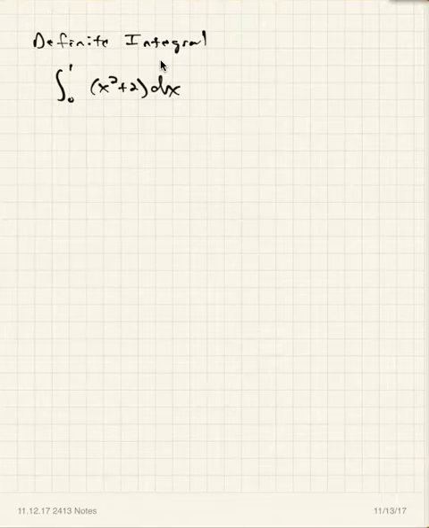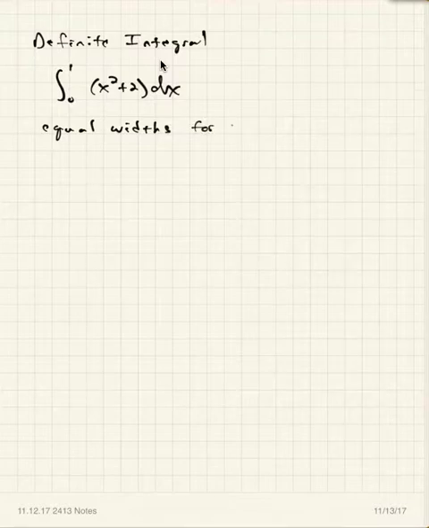This is kind of a simplification, but we approached the definite integral using subintervals that were the same length, so equal widths for subintervals. And we also used right-hand endpoints for heights of rectangles.